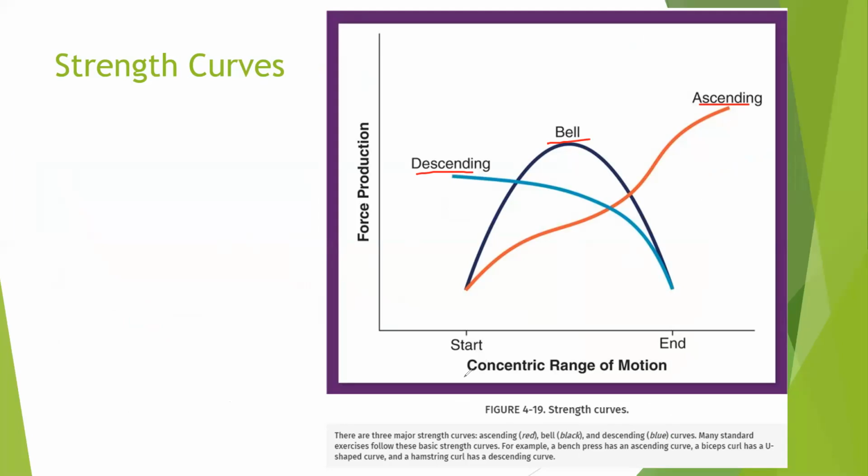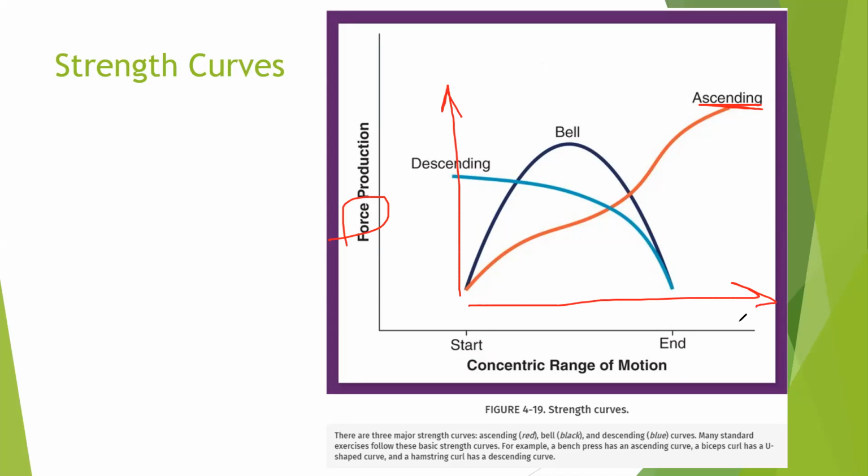These are all measuring your concentric range of motion, meaning this only measures the strength or the force that you produce during a concentric contraction. Now, some of these exercises are going to have what is known as an ascending curve. An ascending curve means that the force you produce increases as you go through the exercise.